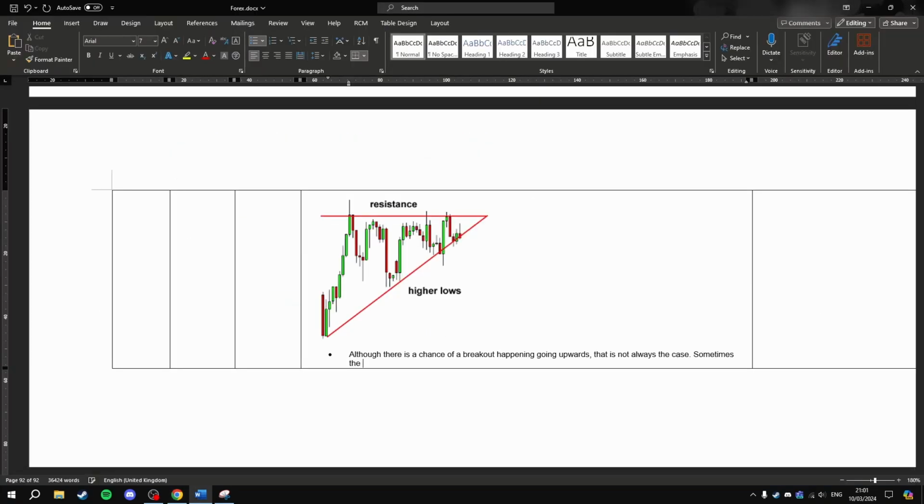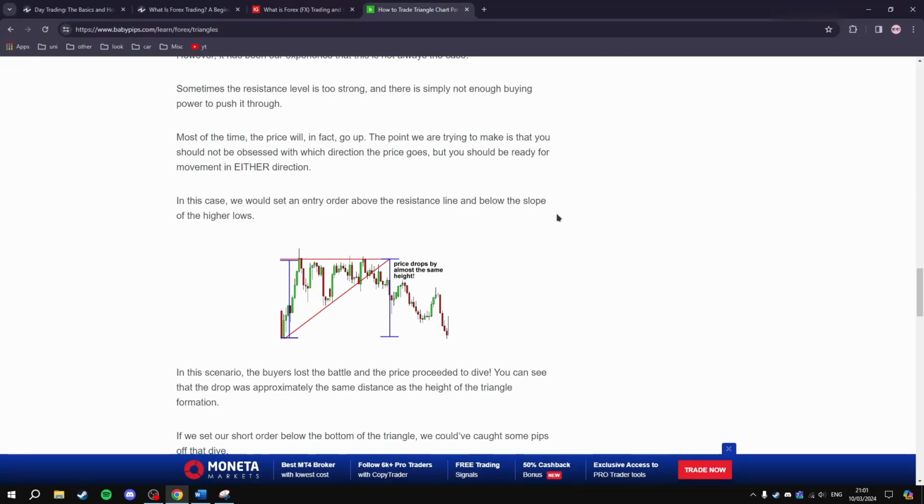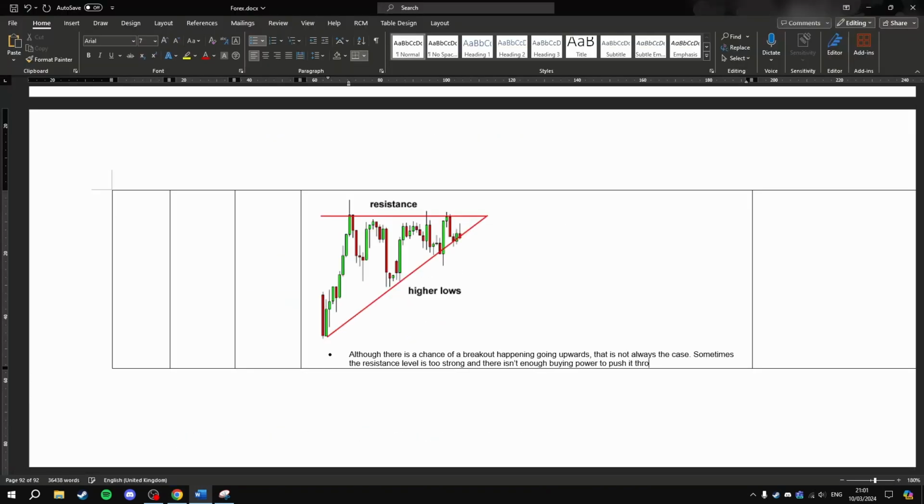Sometimes the resistance level is too strong and there isn't enough buying power to push it through.